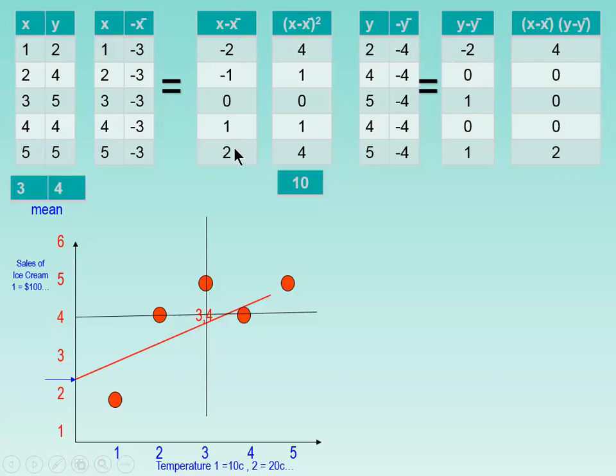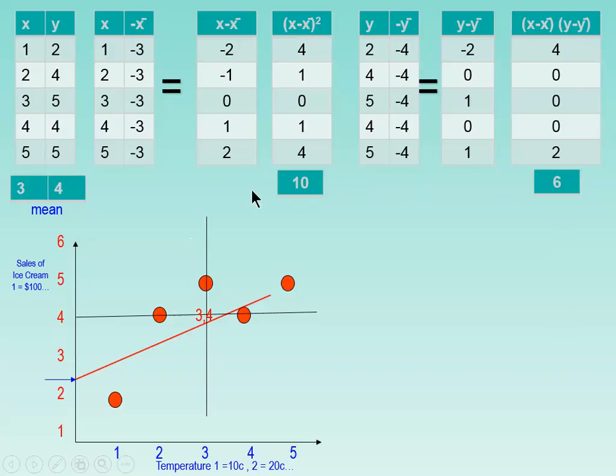So we're multiplying this column with this column. Got that? So -2 times -2 is 4. -1 times 0 is 0. 0 times 1 is 0. 1 times 0 is 0. 2 times 1 is 2. All right, so we're going to add these numbers up now.